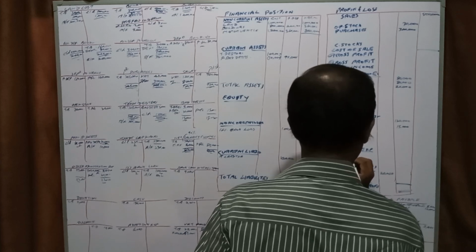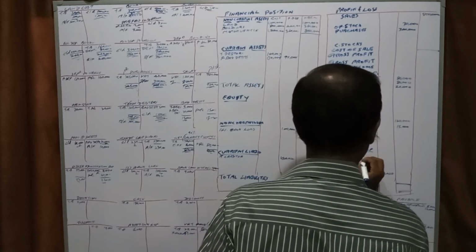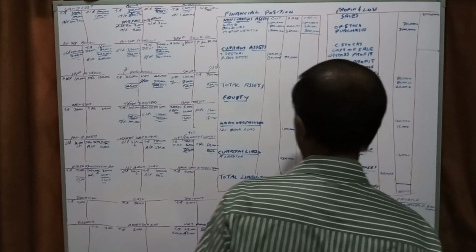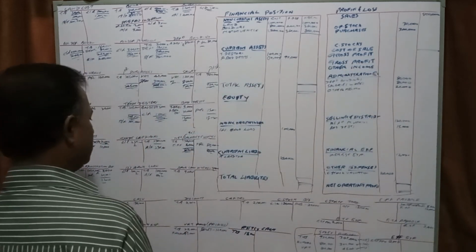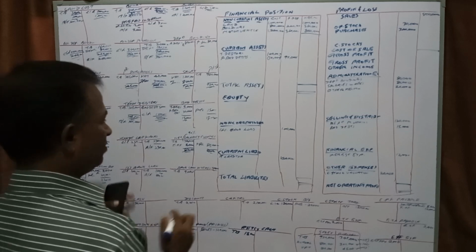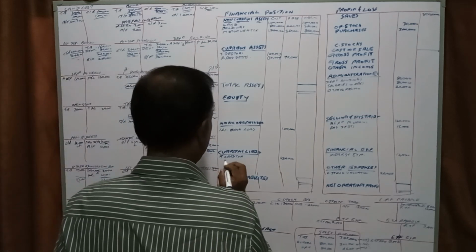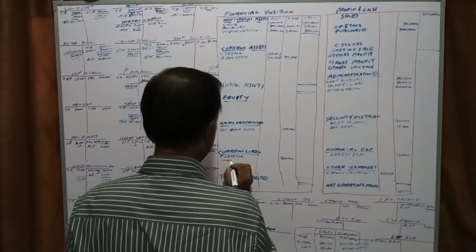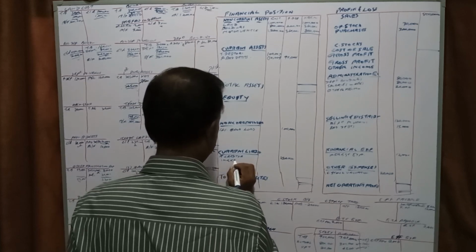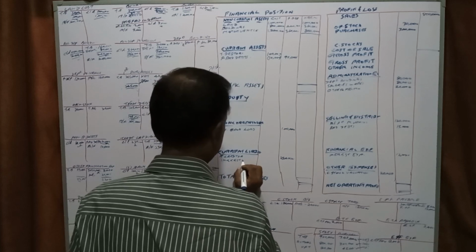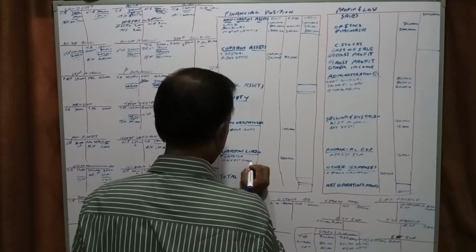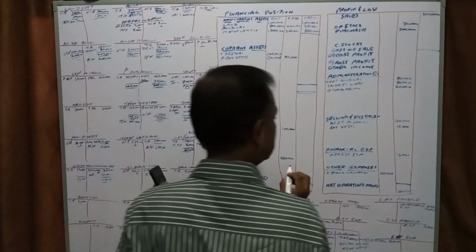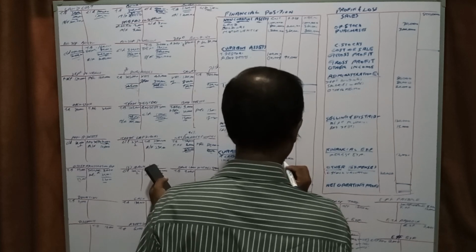Interest expenses is 12,000. That will appear under the financial expenses, and interest payable will appear under the current liabilities. Interest payable is 12,000, right?